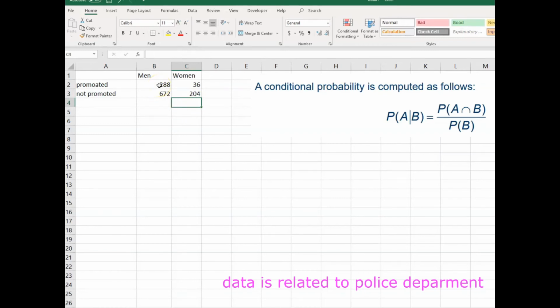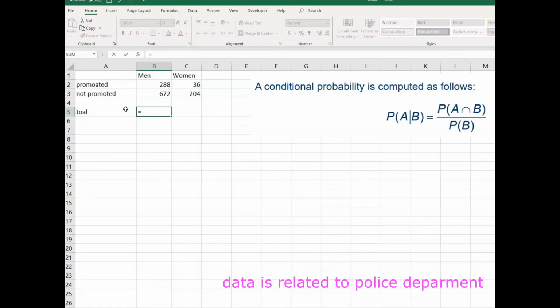Out of the total number of men, 288 promoted and 672 are not promoted. And for the woman, 36 versus 204. So let's look at the total.